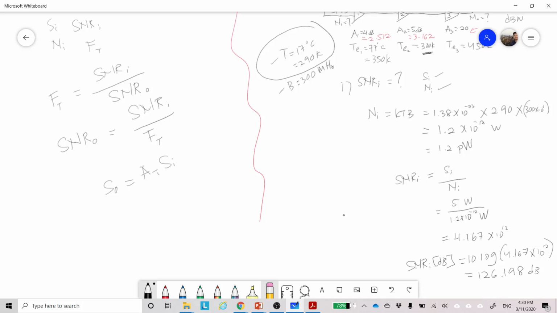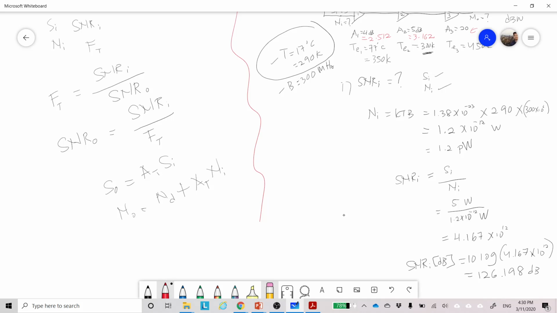Bagaimana pula dengan NO? NO kita boleh menggunakan seperti ini. NO sama dengan ND. Tapi ingat kita ada banyak ND sekarang ni. Okay, we have so many ND because we have many equivalent noise temperature. Okay, so this is not a practical case. Kalau kita nak lihat ND darabkan dengan tambahkan dengan AT NI.